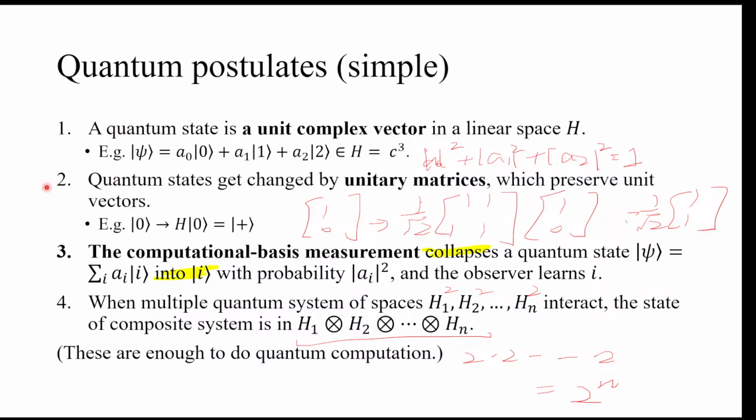Then the second thing is something that we didn't talk about before, but now we can say more clearly. Now that we know linear algebra, when we change a quantum state, it gets changed by a unitary matrix. And why we change it with a unitary matrix, we now know, is because a unitary matrix doesn't change the length of your vector. You start with a unit vector and you want your state to stay a unit vector.